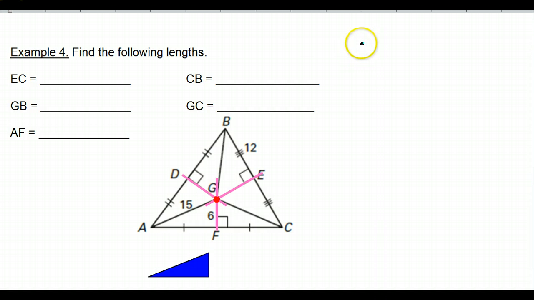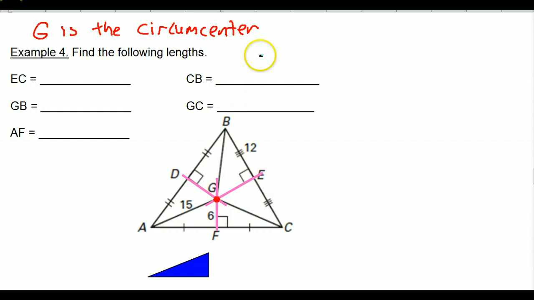So that tells us that G is the circumcenter. Okay? So they don't have to tell us it's the circumcenter. If we see a bunch of perpendicular bisectors all coming together, then we know that it is the circumcenter.